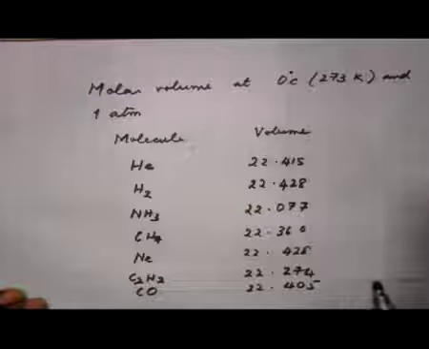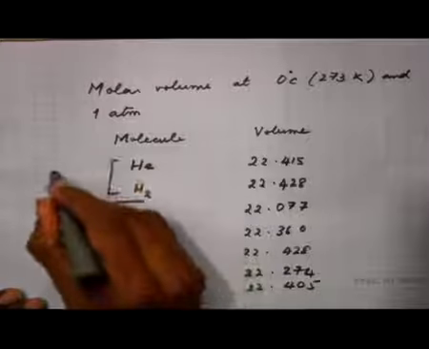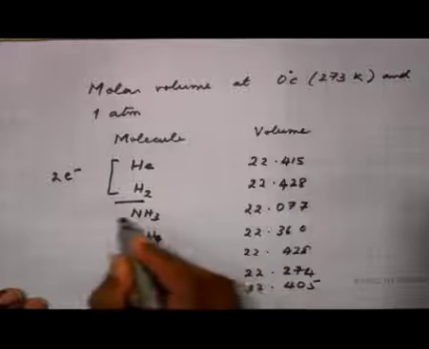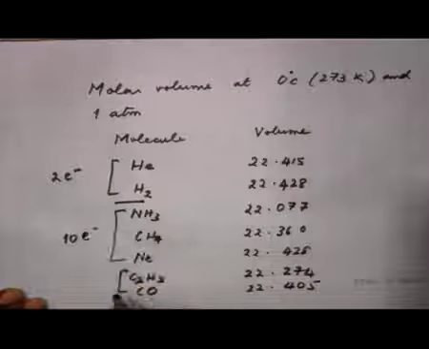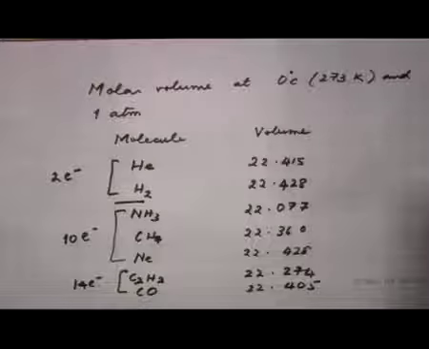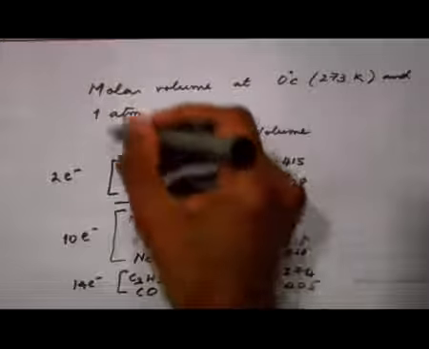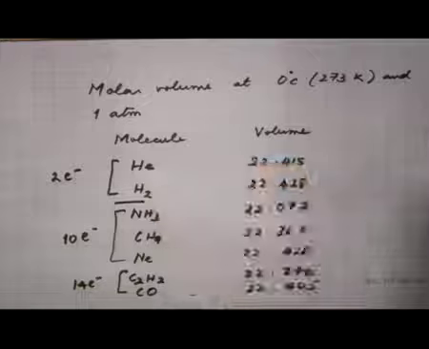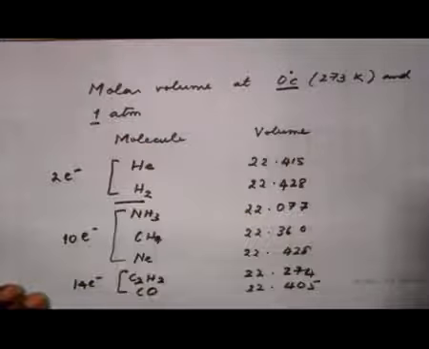If you will notice, these two have 2 electrons, these 3 have 10 electrons, and these two have 14 electrons. You can look at others if you wish, but this is the volume occupied by Avogadro number of molecules for these 7 gases at 0 degrees and 1 atm.